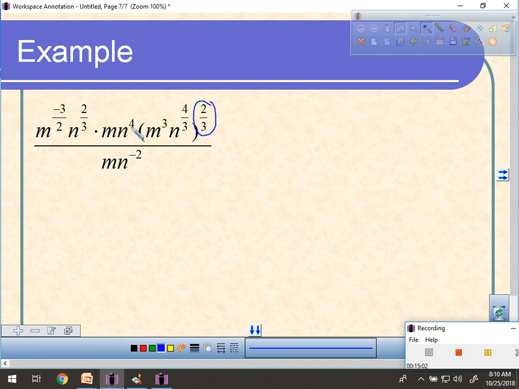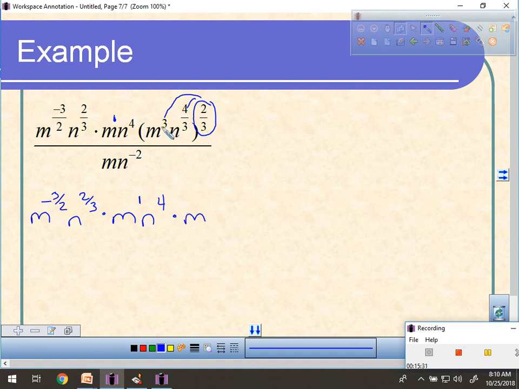All right, now, here's what I'm going to do first. I'm going to go ahead and distribute that 2/3 to just what's in the parentheses. So here's what's going to be left alone: m to the negative 3/2, n to the 2/3, times m. While I'm here, there's no number on this m, so I'm going to put an understood 1. So this is m to the 1st, n to the 4th, and now let me distribute this.